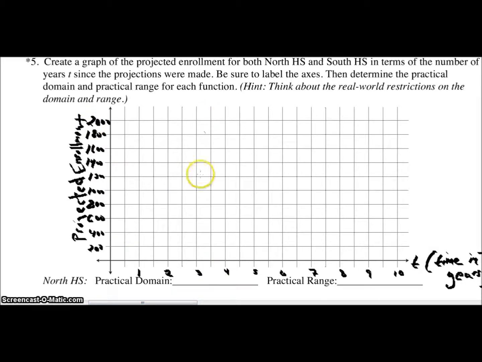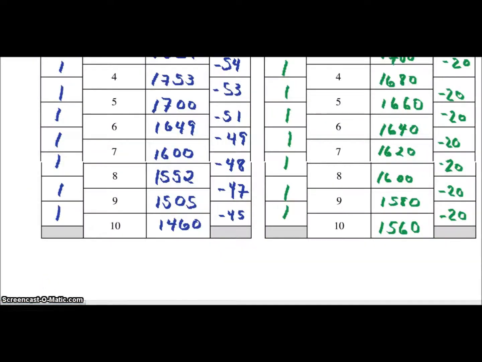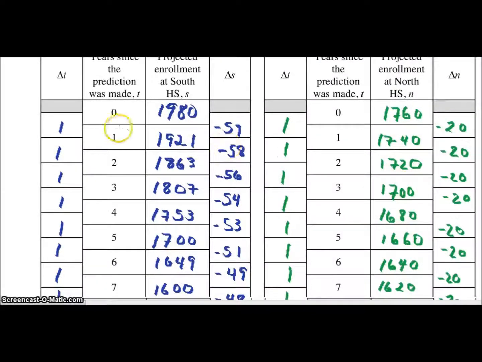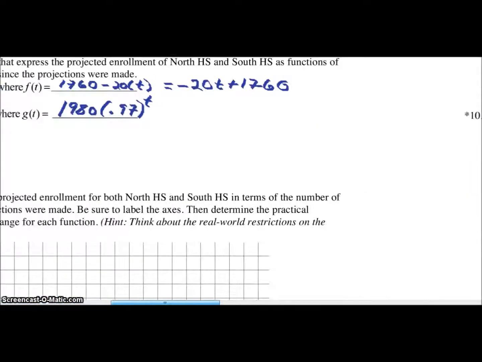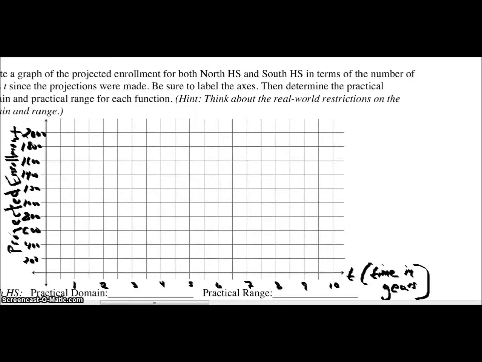I'll use the blue for South High School. So 0, 1980. So over here on my graph, for year 0, I'm just going to put a blue dot at 1980, which is maybe somewhere like right here.